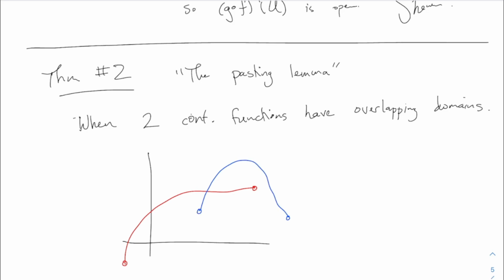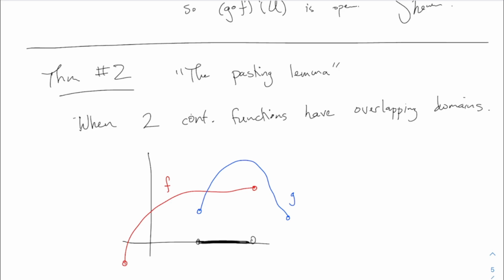So here's two functions with overlapping domains. They don't have the same domain, but their domains have some points in common. In this case, the overlapping domain is right here. Those are the places where the two domains overlap. But anyway, this is the pasting lemma. It's about, can you glue together two functions like this to make a continuous function out of it?